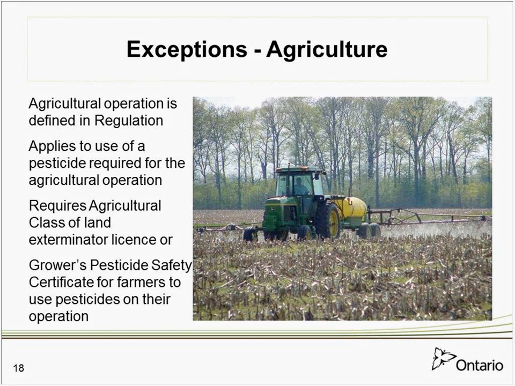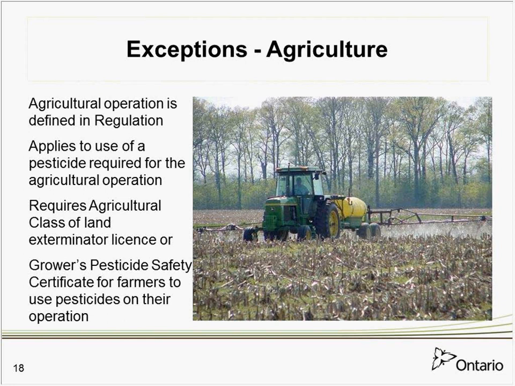The definition of an agricultural operation is found in the regulation. It's fairly short, as you'd expect. It does not include growing like a hobby farm or growing for your own use. This exception applies to the use of a pesticide required as part of that agricultural operation.